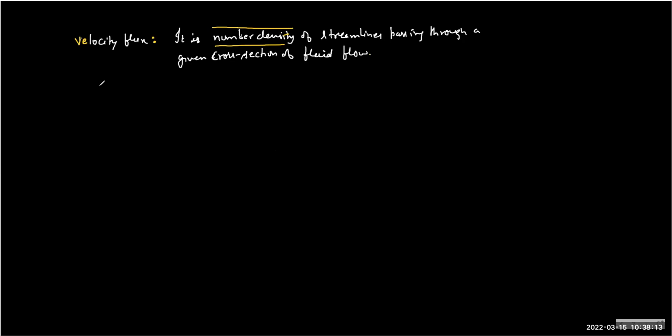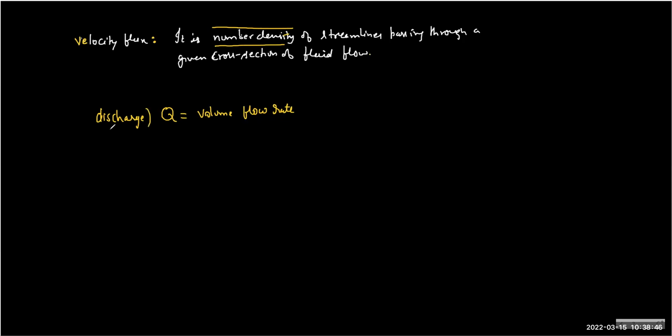Okay. So in this particular chapter, the velocity flux is actually designated as a discharge rate. So we call it discharge, and the symbol that we use for it is Q. Discharge is also called the volume flow rate, like how much liquid will cross the given cross section per unit time.